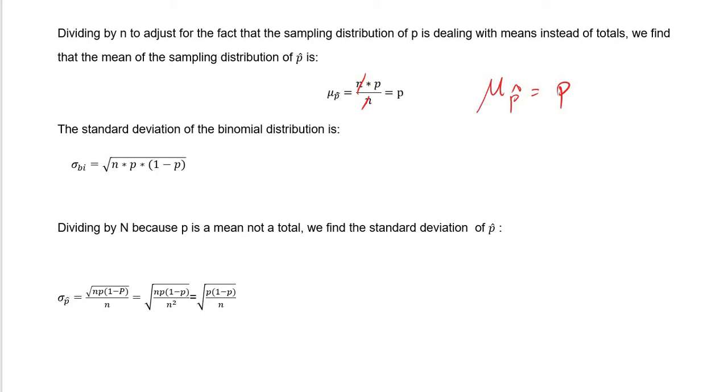The standard deviation of the binomial distribution is given by this formula. And again, we're going to divide by n, lowercase n, because p hat is a mean, not a total. If you divide this formula by n, the n is outside of the square root. In order to make it go inside the square root, we have to square it.